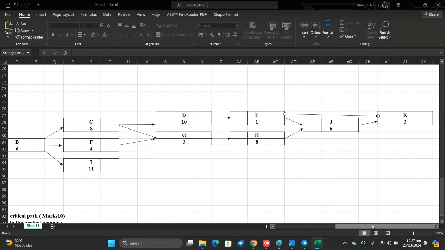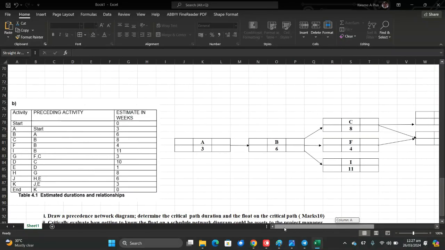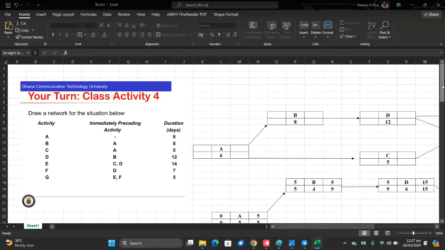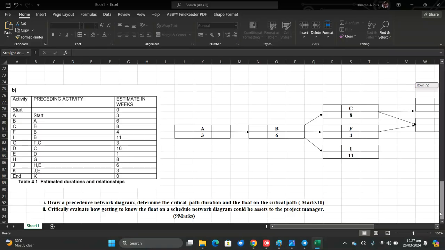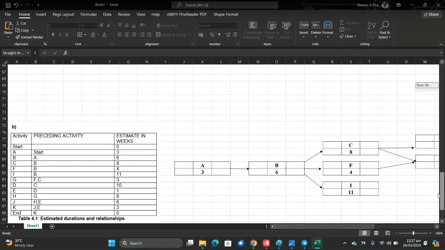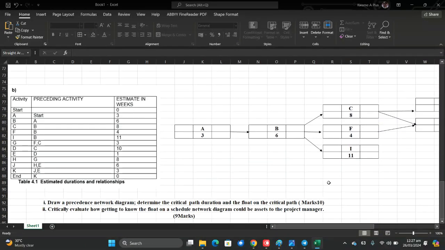All right. So right now we have the diagram, and then it says that we should determine the critical path duration and the float on the critical path. So even from here we can do the critical path.